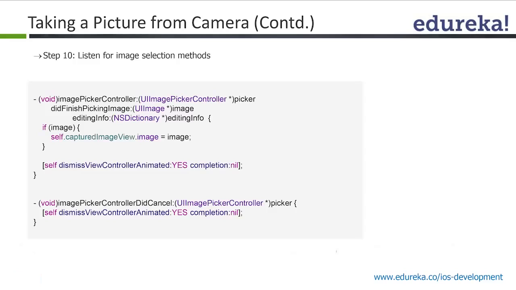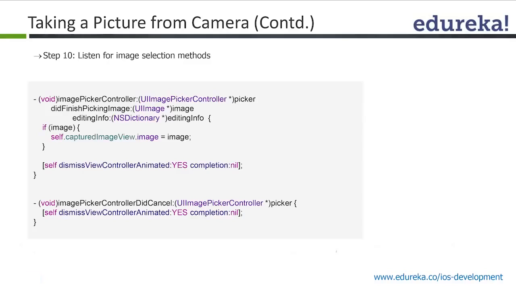You will get the time taken, and if it is modified, you will get the F number, the size of that image, the pixels, and all those details inside your editing info. Here, if you have an image, then we are going to set our image view with that image. Whatever image you get, you set it to the image view that we designed in our storyboard.